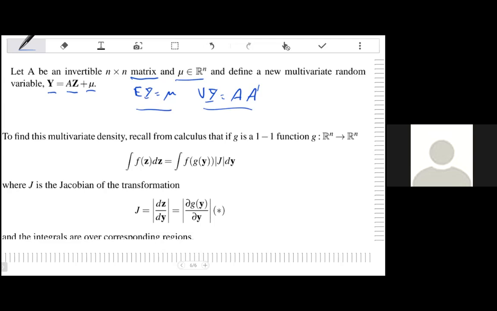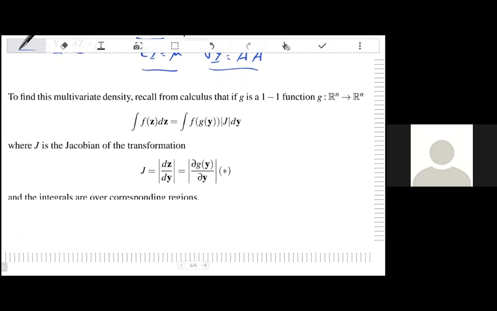And to find that, we need to go to multivariate calculus and go to a theorem which has to do with variable substitution. It basically says that if you have a one-to-one function g with a derivative, so that the derivative of g with respect to y is going to be a matrix. Remember, this is an n-dimensional transformation.